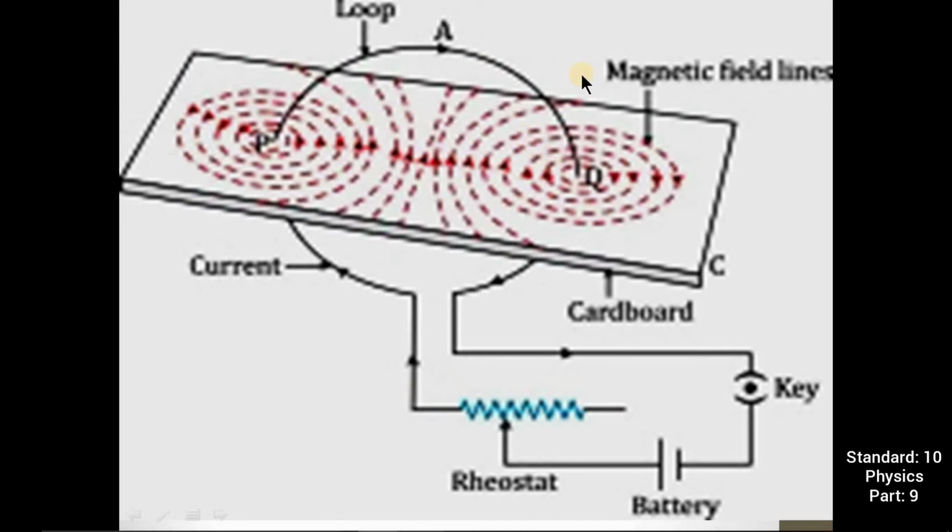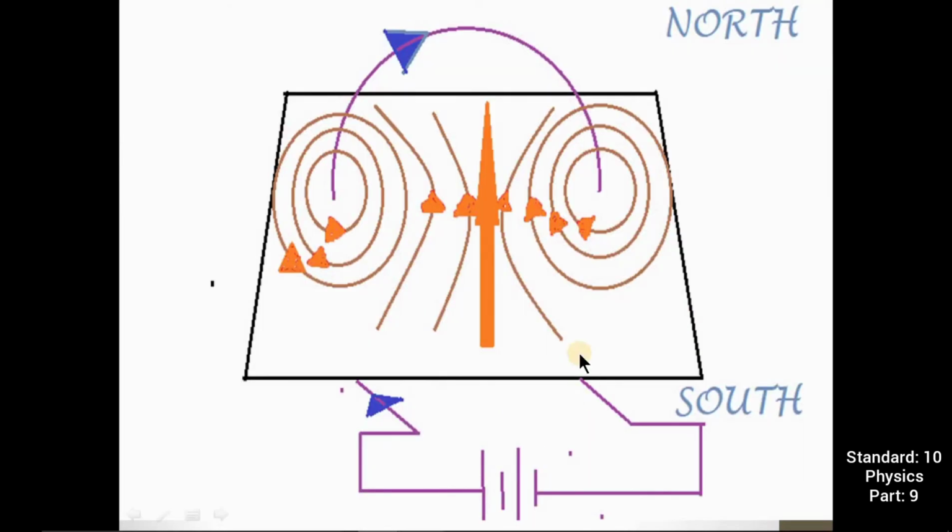The current at the other side will be anti-clockwise, and on that side the magnetic lines will be flowing towards you. So that side will be north and this side will be south. Into the coil means that side is south. Out from the coil means that side will be acting as a north pole.